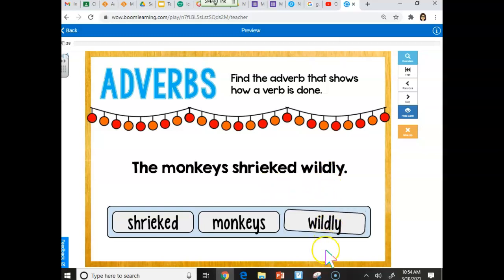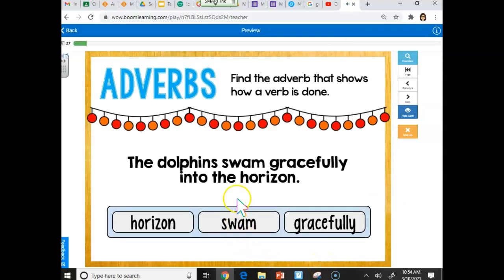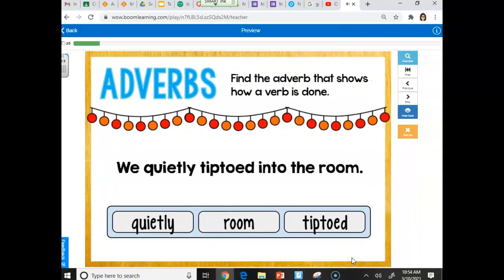Wildly. So you click on wildly. That's right, and it will give you your next card. The dolphin swam gracefully into the horizon. All right. What is the verb or action word? Swam. How did they swim? Gracefully. All right, and you will complete the adverbs as practice today. All right, do your best work.